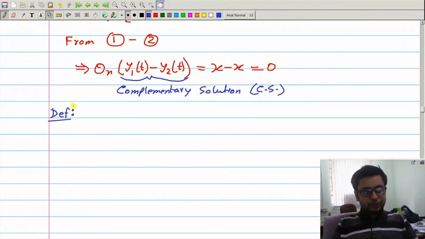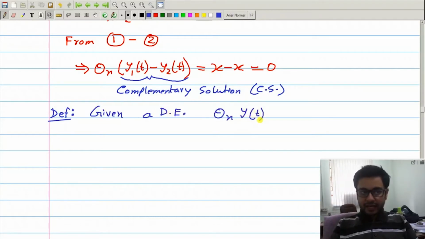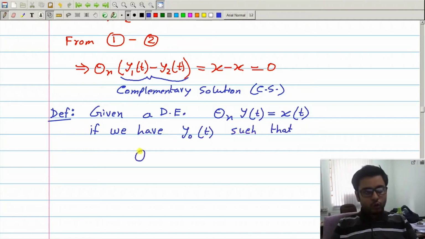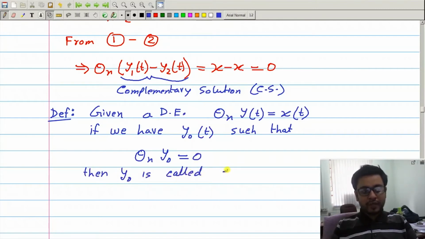Let me define that given a differential equation O_N acting on y is equal to x, if we have a signal y0 such that O_N acting on y0 gives 0, then y0 is called a complementary solution to this given differential equation.